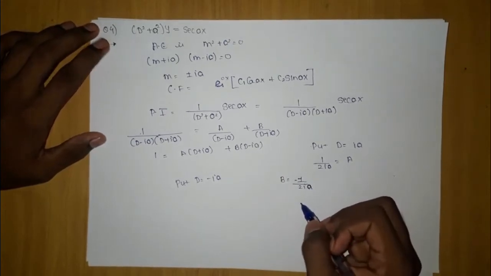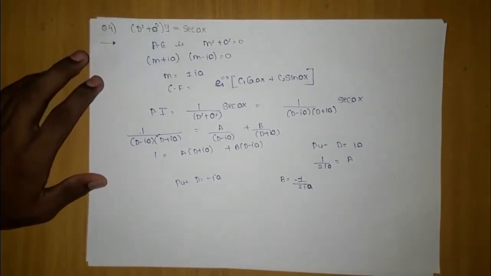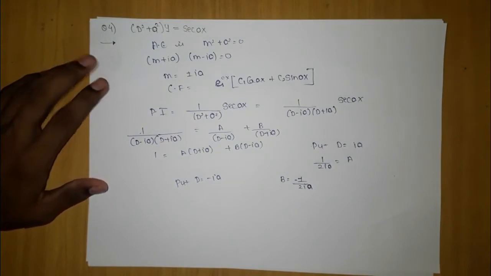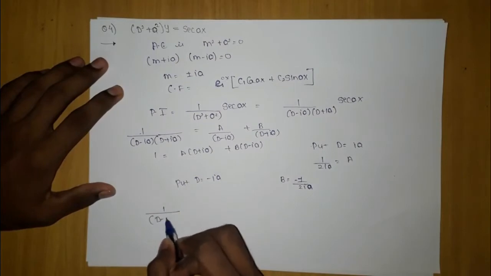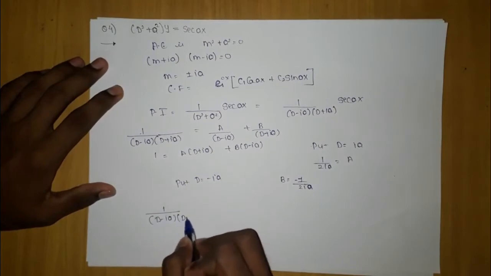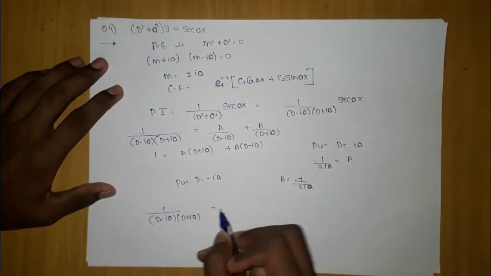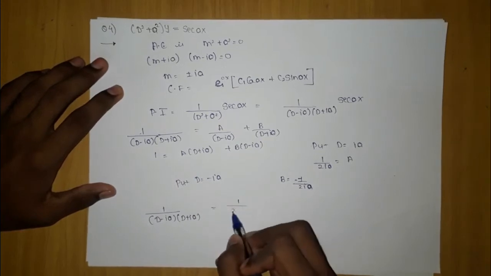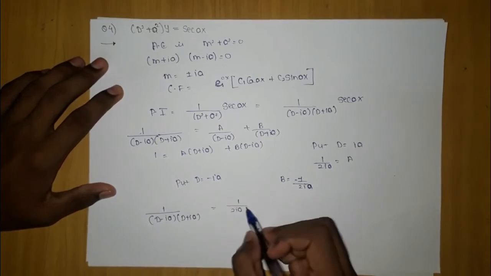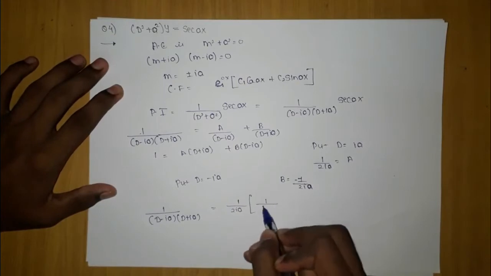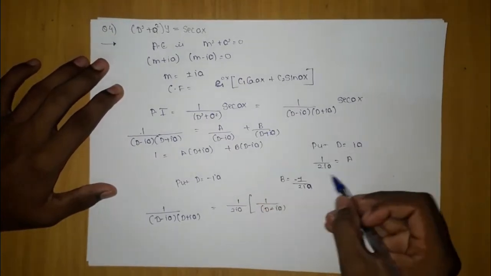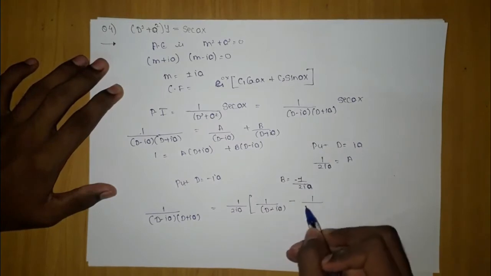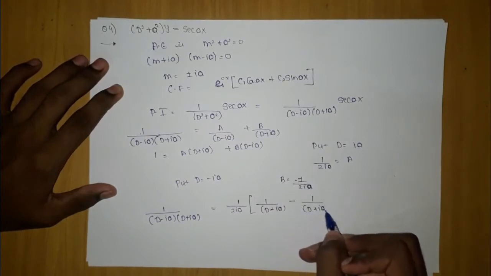After getting this, you can make out your particular integral with this partial fraction. So this thing 1 by (D minus ia)(D plus ia) can be written as 1 by 2ia. If I take this common, I will be left with 1 by D minus ia. Here B was minus, so here it will be minus only, 1 by D plus ia.